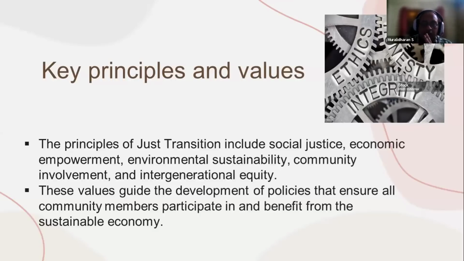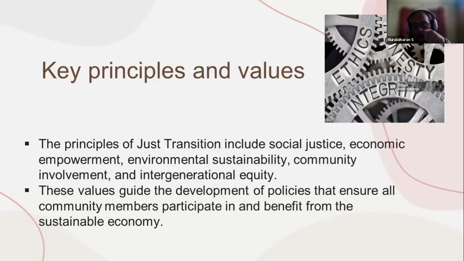These values guide the development of policies, the roadmap for just transition, to ensure that community members participate in and benefit from the sustainable economy. Ultimately, it has to satisfy the needs and expectations of everyone, even though obviously there is a likelihood that some people may not be satisfied with the changes happening, but the majority are in a position to sustain themselves and move forward so that their quality of life is better.